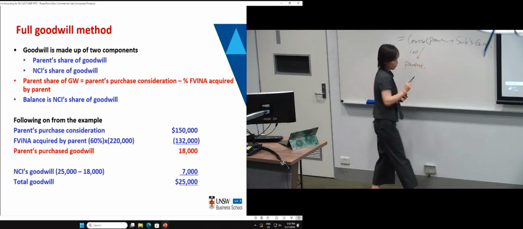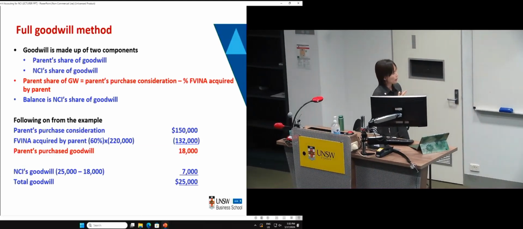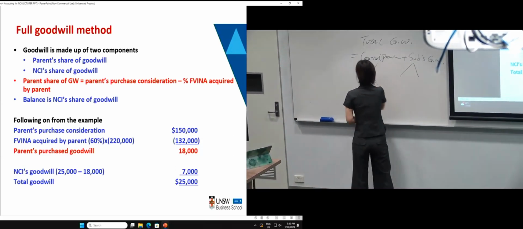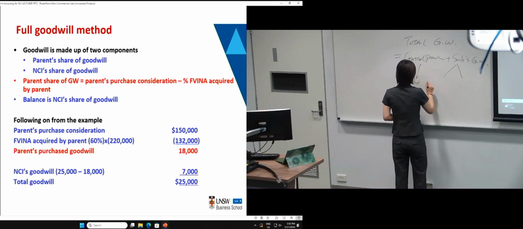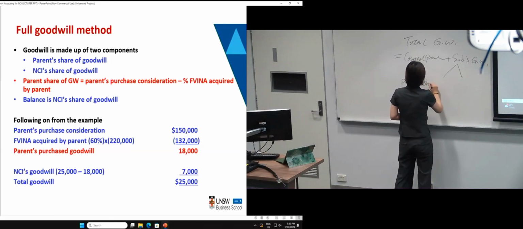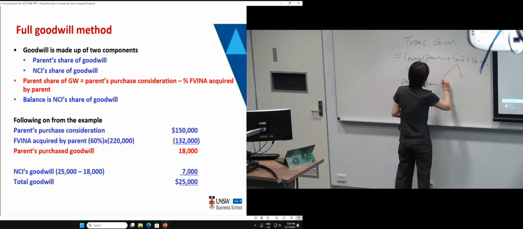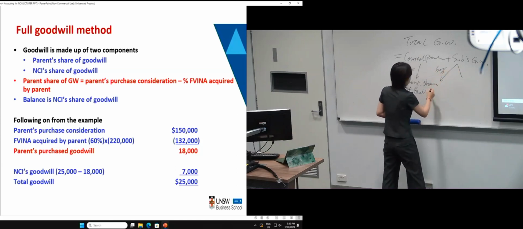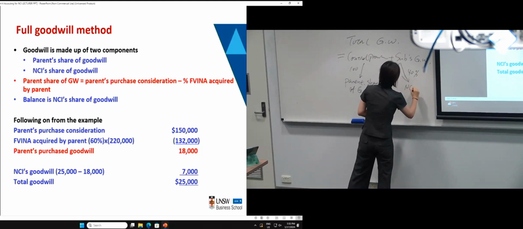So the parent is offering to pay the premium in order to gain control of the subsidiary. So the control premium paid by the parent all belongs to the parent. Okay. Now it is the subsidiary's goodwill. In our case, it's 60%, right? 60% of subsidiary goodwill we allocate to the parent, 40% we allocate to NCI.